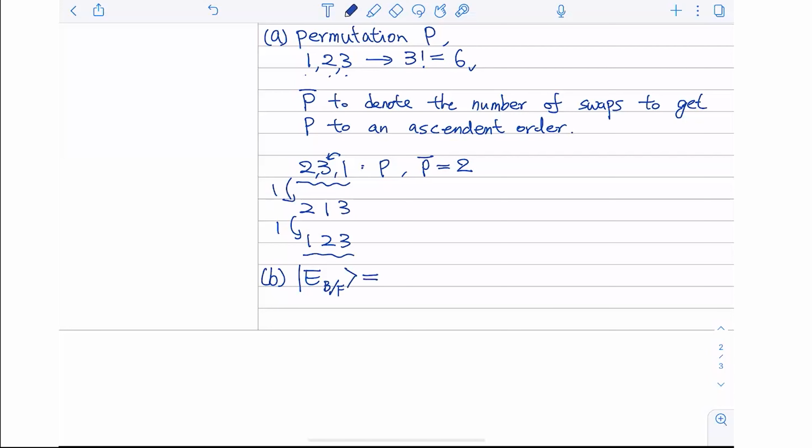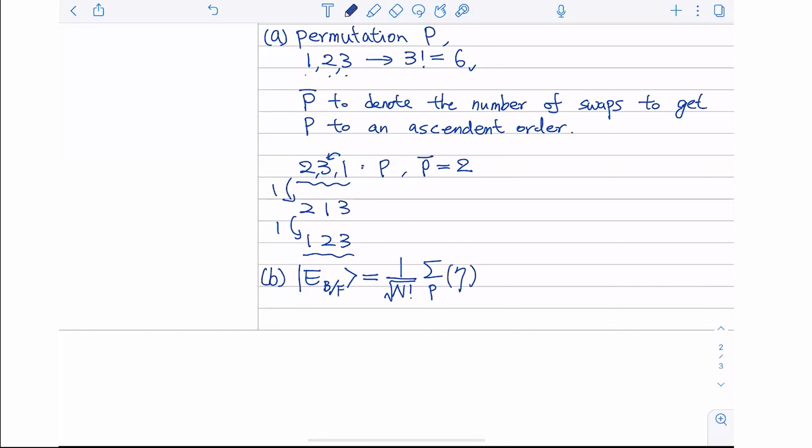The many-body wave function will be expressed like this. Here, summation over P means we are summing over all the possible permutations. And here, we introduce a parameter eta equal to +1 or -1.